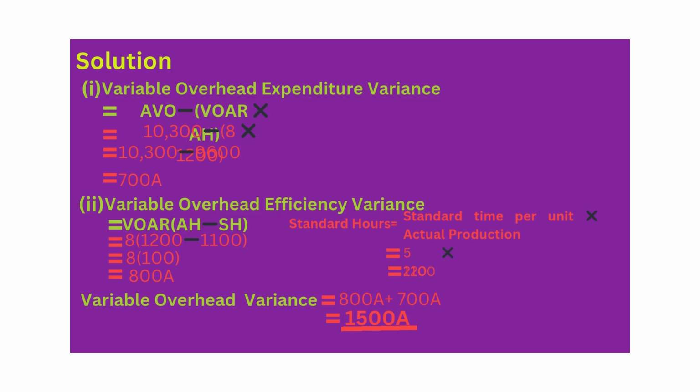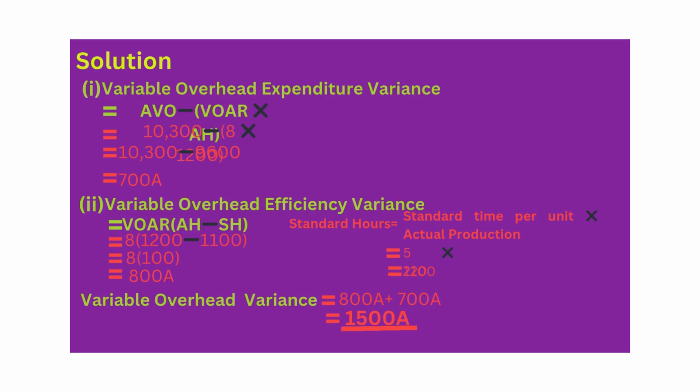So we get 10,300 minus 8 multiplied by 1,200, which is 9,600. So 10,300 minus 9,600 is equal to 700. And because the actual cost is greater than the standard cost, we say it's adverse, so it's 700 adverse.